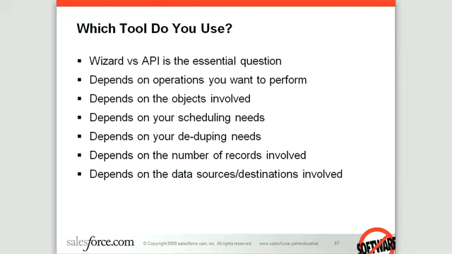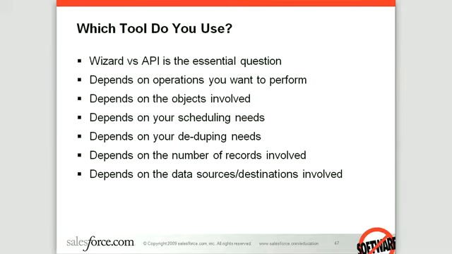It depends on your scheduling needs. If you want to run this unassisted at 3 a.m., the web services tools don't require a user sitting in a web browser. It depends on your deduping needs. This is one point in the import wizard column because they have additional deduping logic.